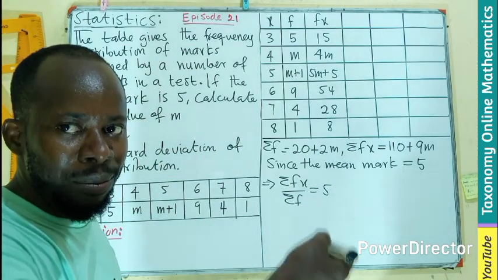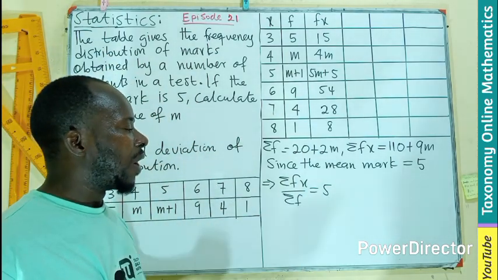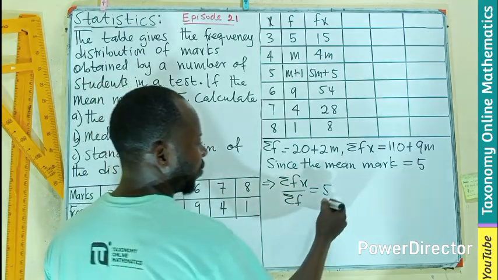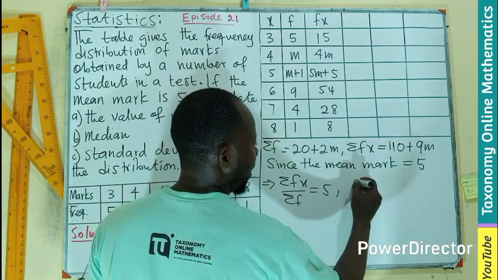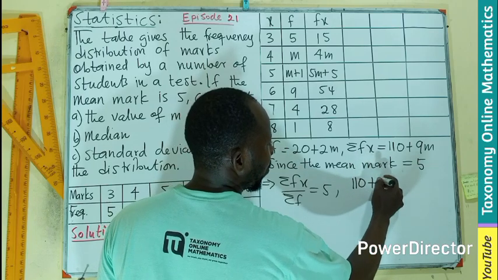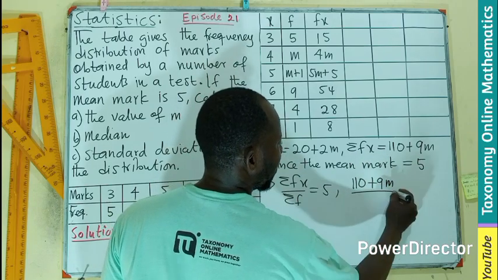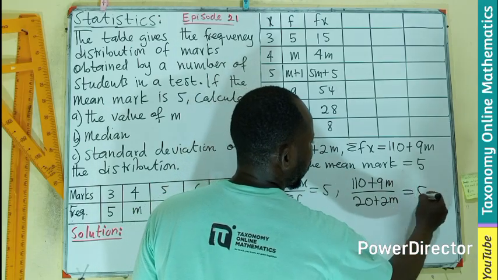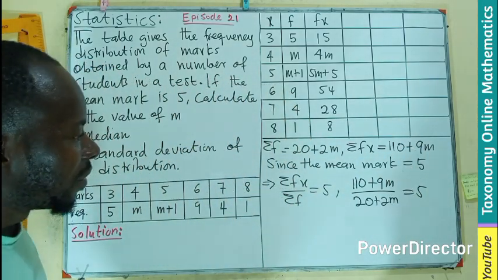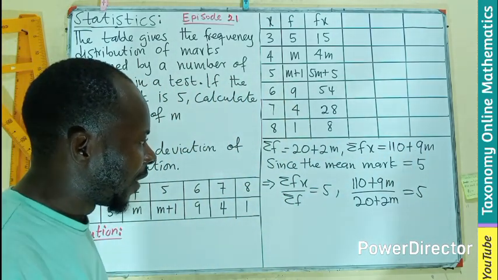That is, if we were to find the mean from the question, we have to arrive at what? 5. So let's do substitution. This is 110 plus 9m divided by 20 plus 2m. The result is supposed to be what? 5. Can we do cross multiplication?